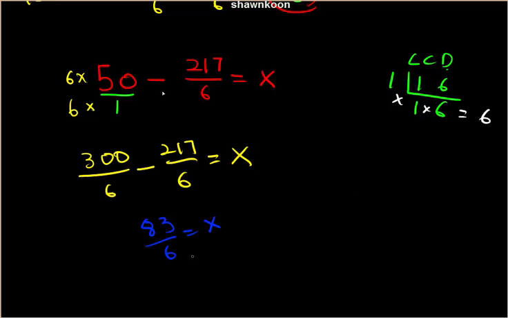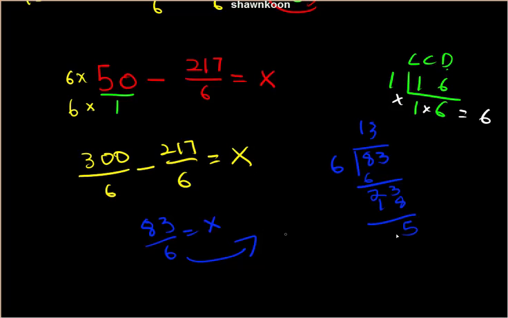But of course we have to change this to a mixed number by using that old division method. So 6 goes into 83, 1, 2, 3, 6, 3, 18, and 5.